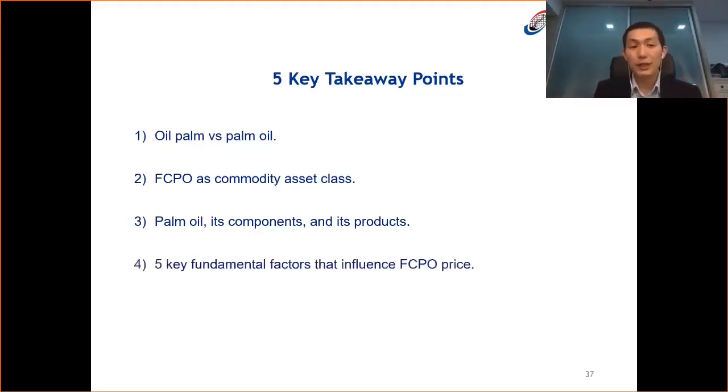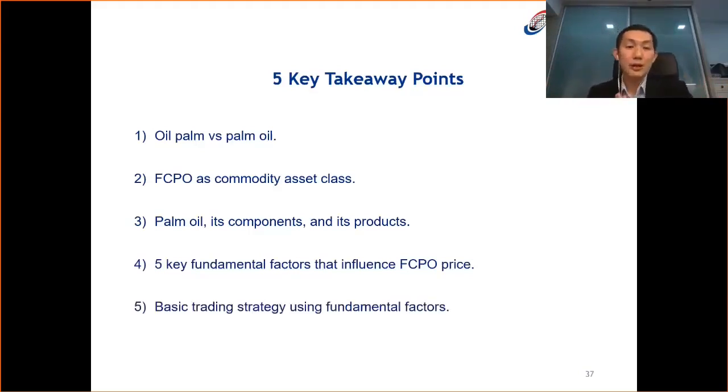And we have already gone through the 5 fundamental factors that affect FCPO price, and it starts with demand and supply, and as we progress, it can build up into a deeper and further knowledge in fundamentals. And lastly, you have also already learned what are the basic trading strategies using fundamental factors, using the 3 simple steps. So there you have it.